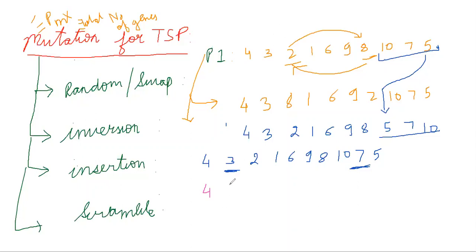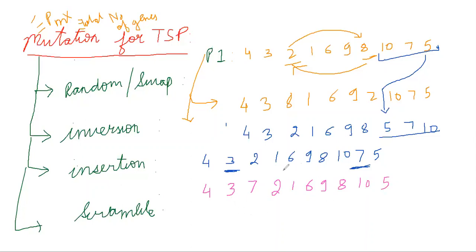So I will write 3 here. The first element we chose, position wise, is retained, and after that I am going to insert the next chosen element and push the rest of the elements in my chromosome back by one position in the same order.